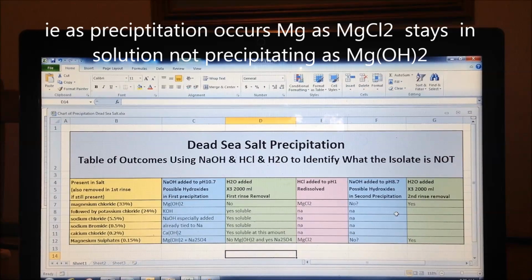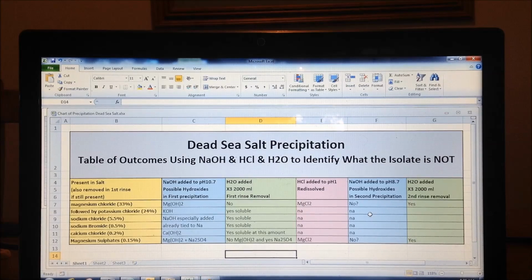So provided it doesn't come out in any kind of precipitation up to 8.7, then it goes out with the first wash as well, which leaves us with nothing, or leaves us with X or M state elements. So there's still a bit of a question surrounding whether the precipitate is actually magnesium hydroxide, and we need to work on that next. But it's looking positive.